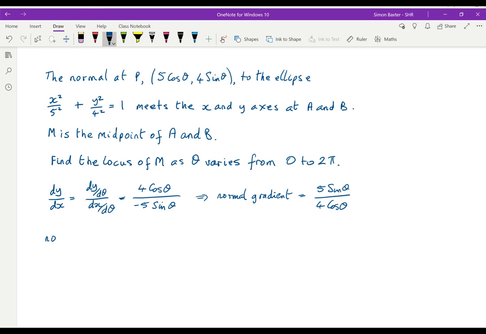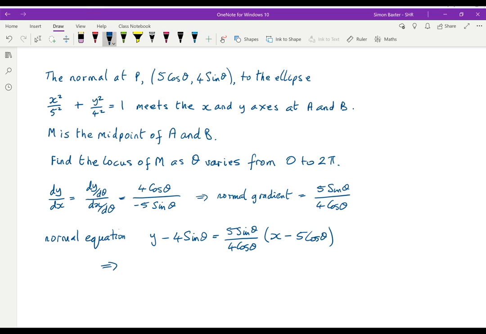So now we want the equation. The normal equation is going to be y minus y1, 4 sine theta, is the gradient m, 5 sine theta over 4 cos theta, times x minus x1, which is 5 cos theta.